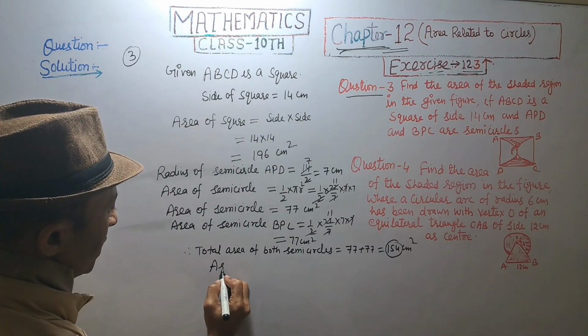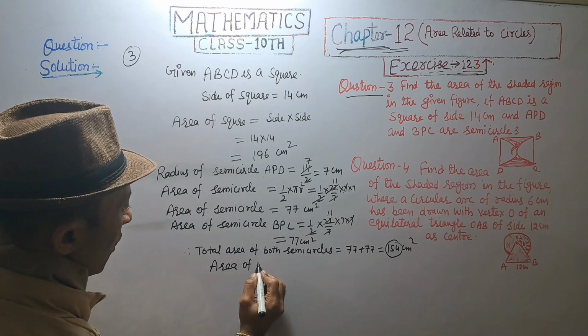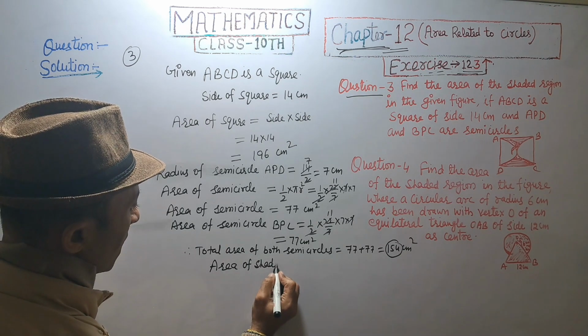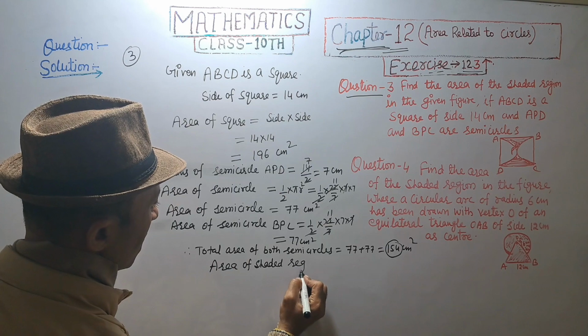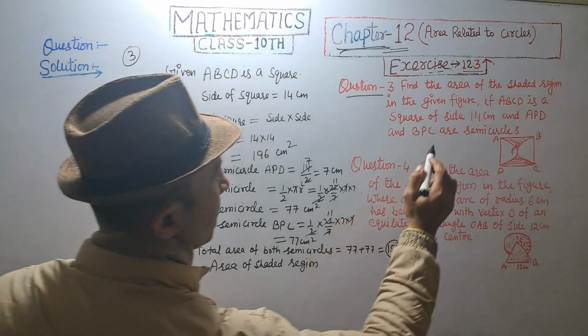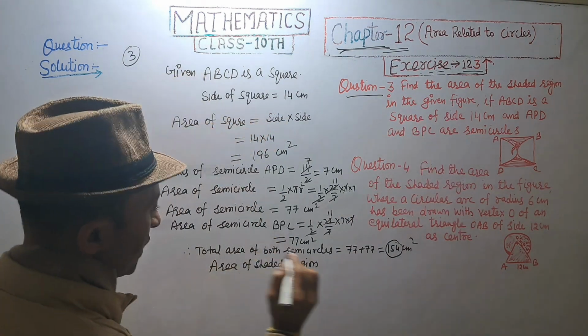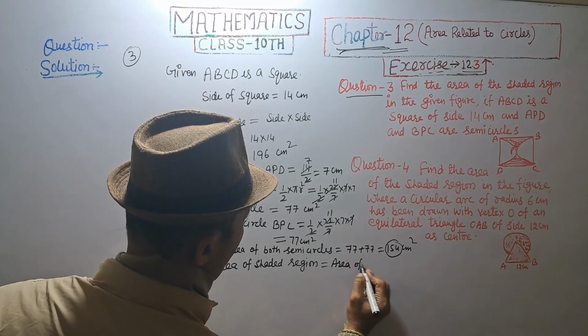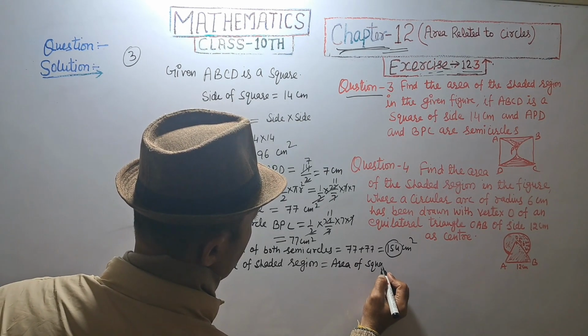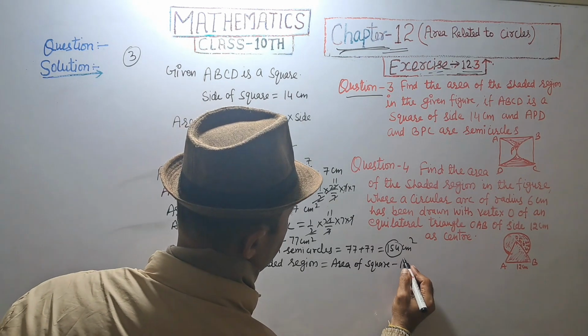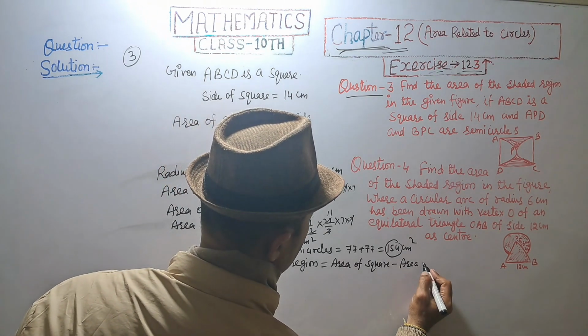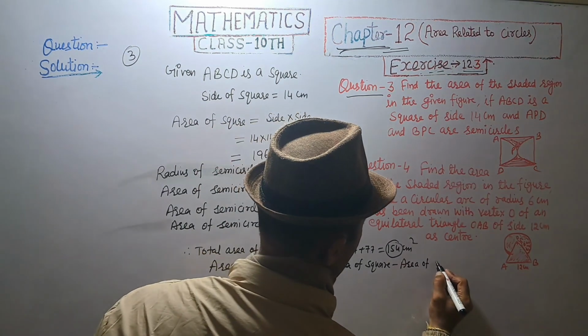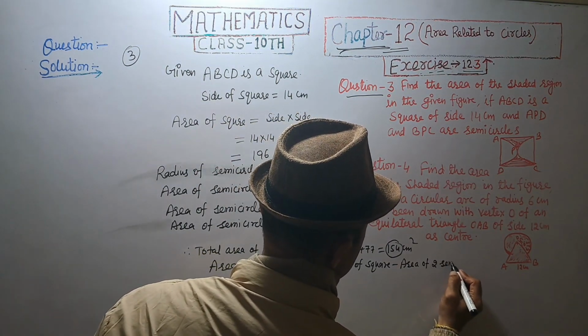Area of shaded region. Find the area of shaded region is equal to area of square minus area of two semicircles.